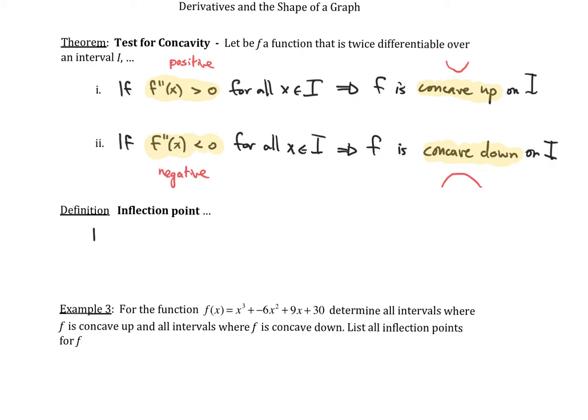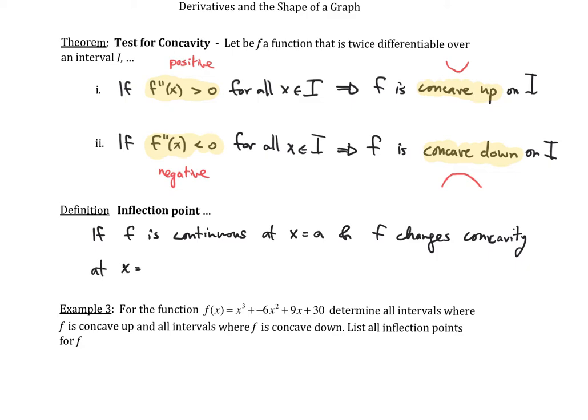So if your function f is continuous at some point x equal to a, and if f changes concavity at that point x equal to a, then this point a, f of a, is called an inflection point.